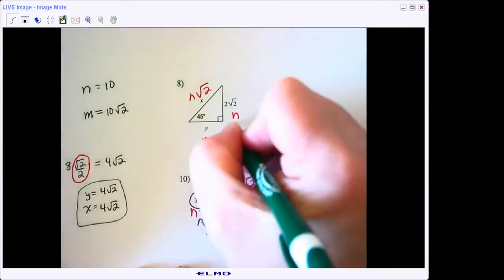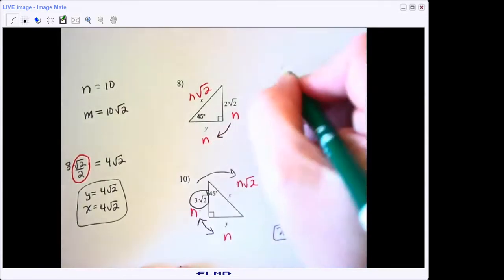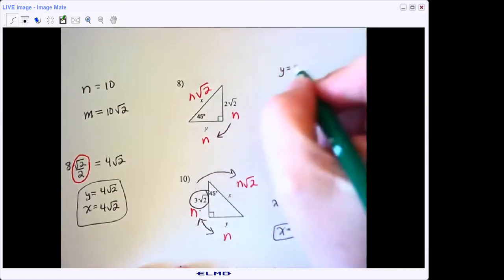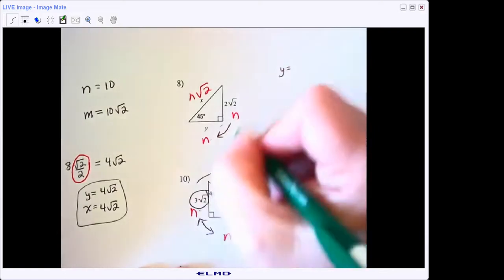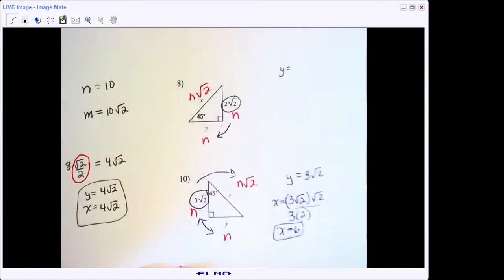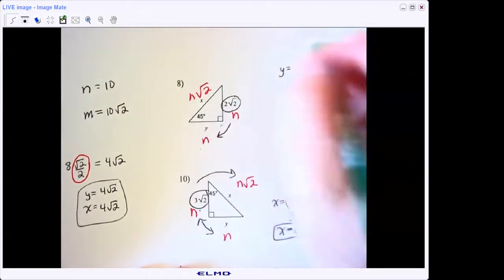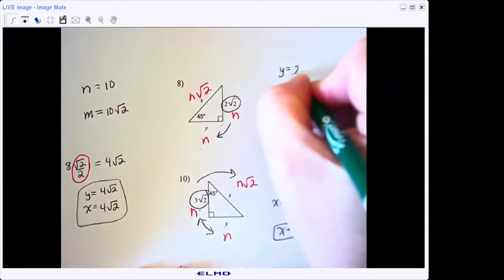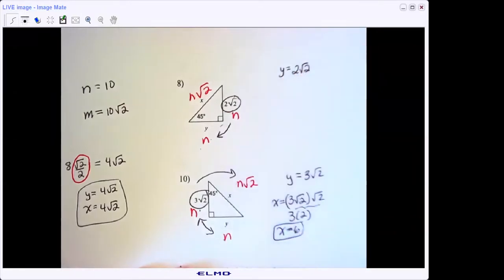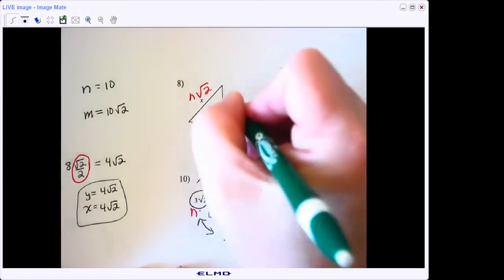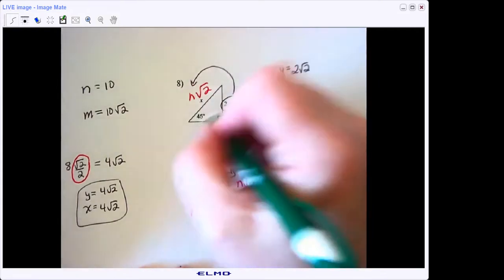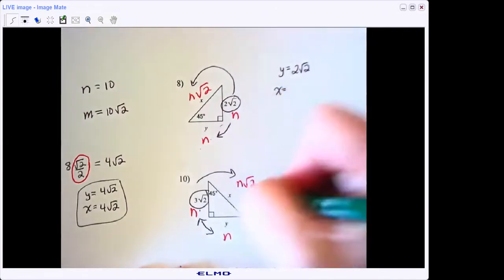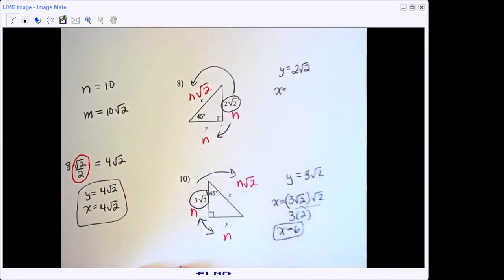Okay. You know, these are going to be the same, so what's y? 2 square root of 2. Okay, because this happens to be my n, so they're both going to be the same. So y is 2 root 2. They're going to use that n to plug in right there to find x, just like we did on this one, in number 10.